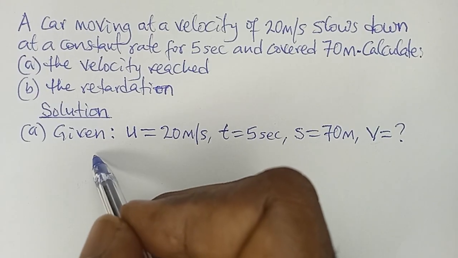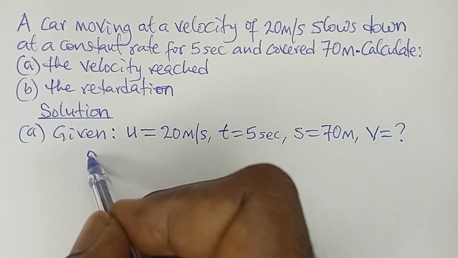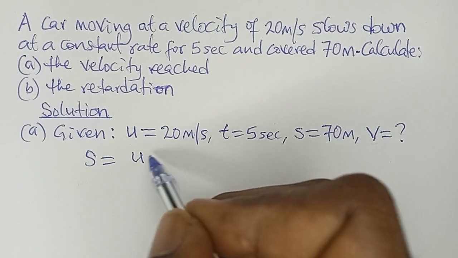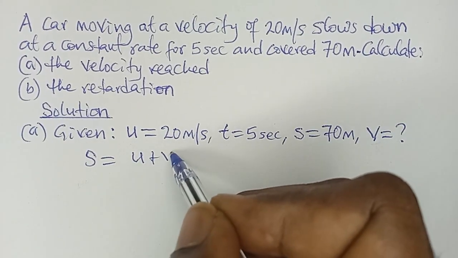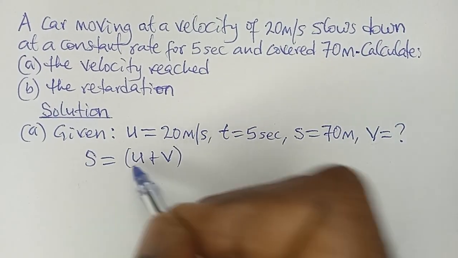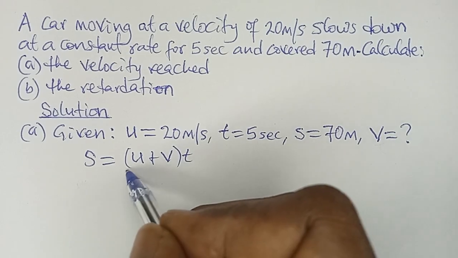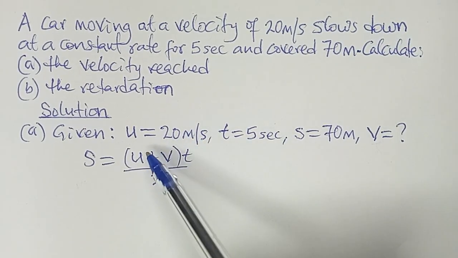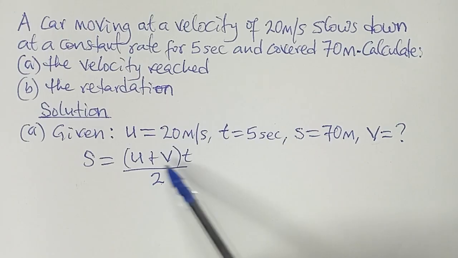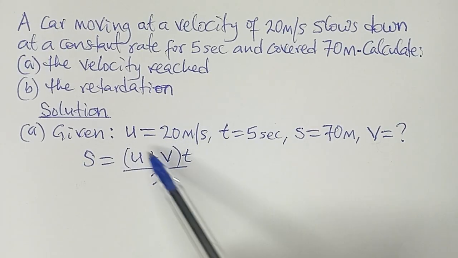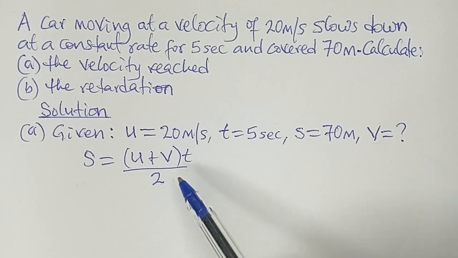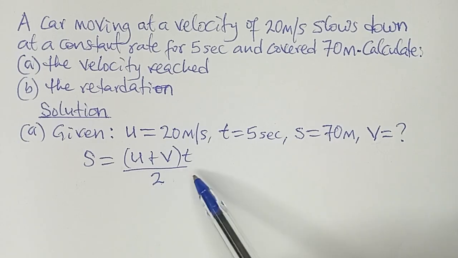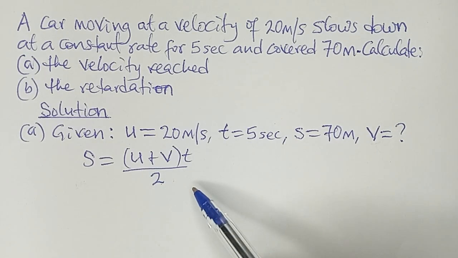That equation is given by distance S is equal to U plus V all multiplied by the time and then divided by 2. So this is the right equation of motion to use. I hope you know this equation of motion. This is not very popular, but this is also an equation of motion. So we are going to be using this to solve this question.